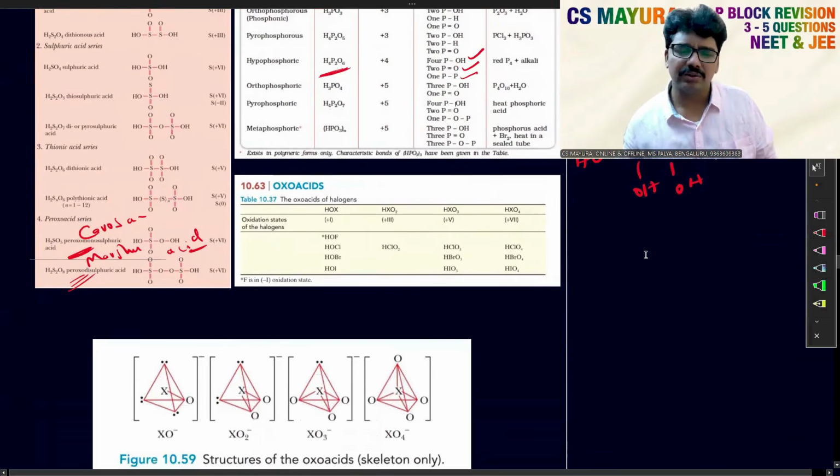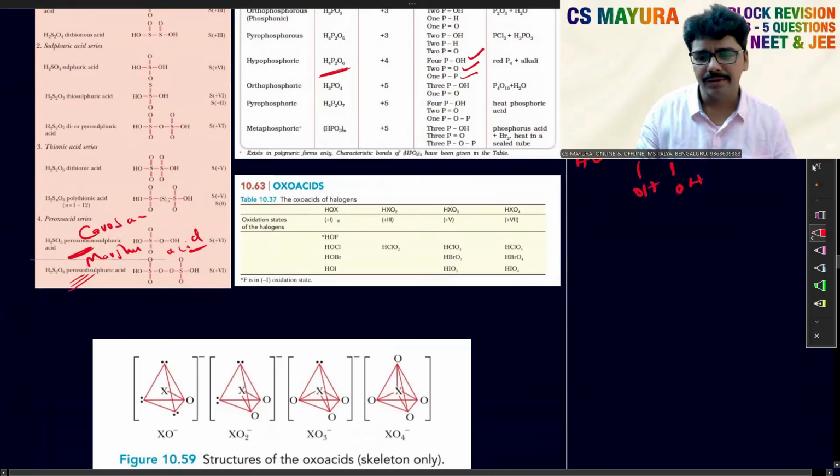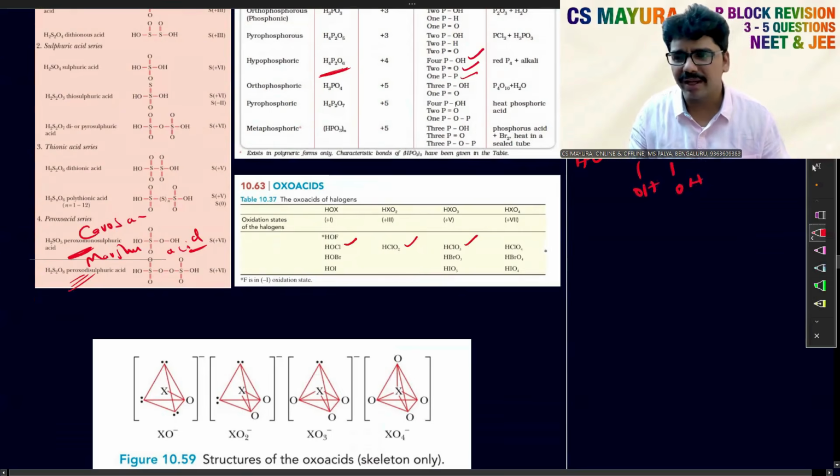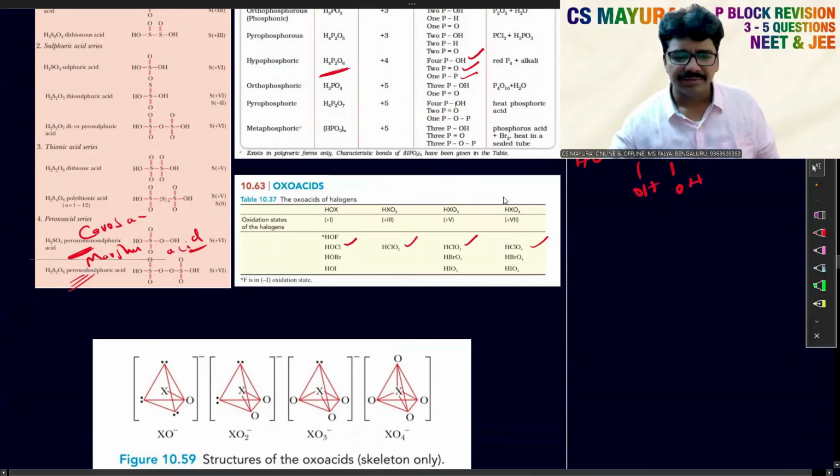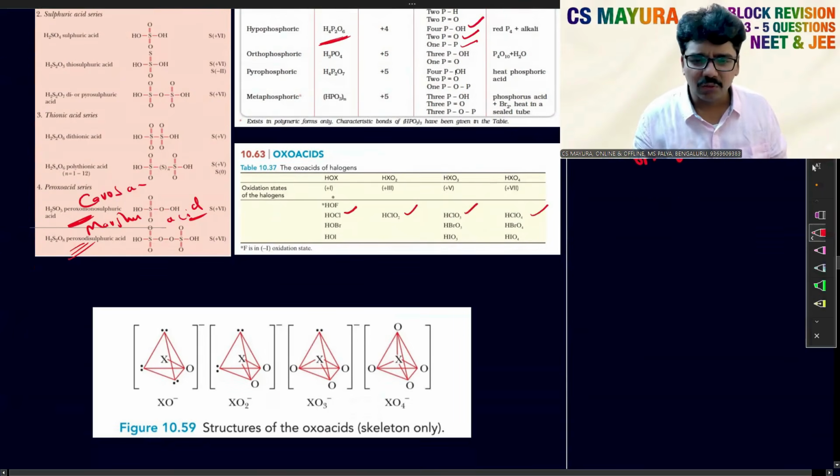And these are the oxoacids of halogens. HOCl hypochlorous acid, HClO2 chlorous acid, HClO3 chloric acid, HClO4 perchloric acid. And remember, there is one oxoacid for fluorine, HOF, but what is the fluorine oxidation state? -1.